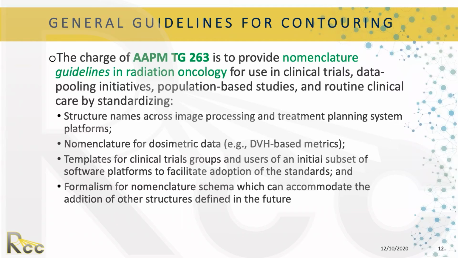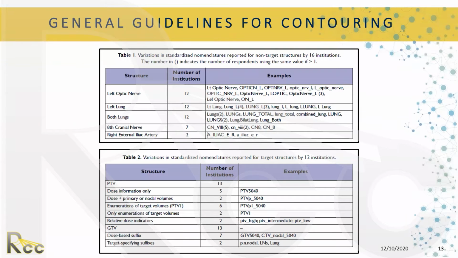I'm not going to go into a lot of detail, but they created this report because they did surveys in many institutions, and they found variations in naming between 16 institutions.